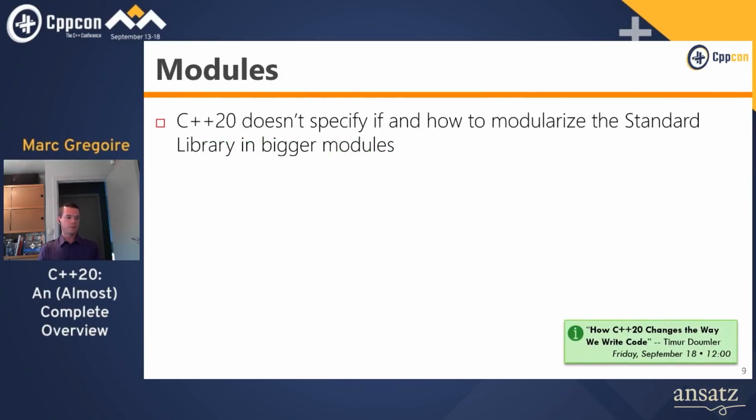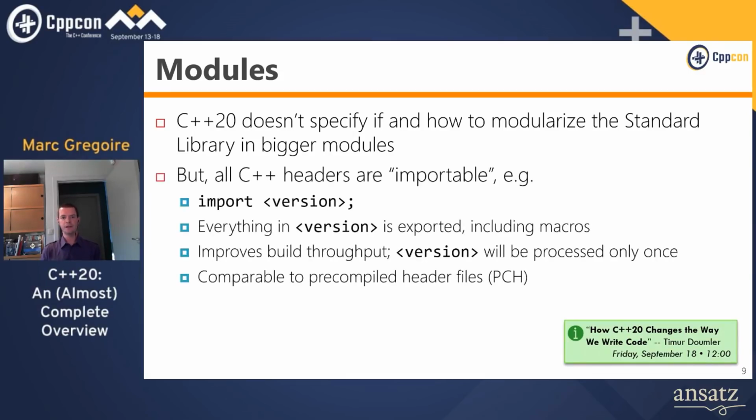So C++20 provides all the machinery for support for modules, but it does not specify if and even how to modularize the standard library itself. But all C++ headers in the standard are so-called importable. So instead of writing #include version, version is one of the new C++20 headers, you can simply write import version.